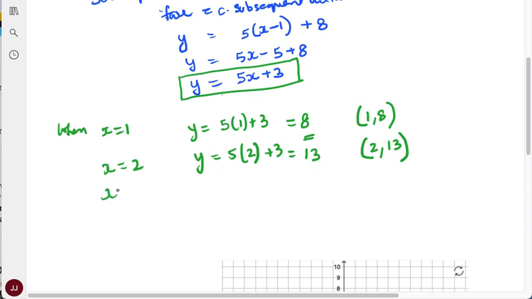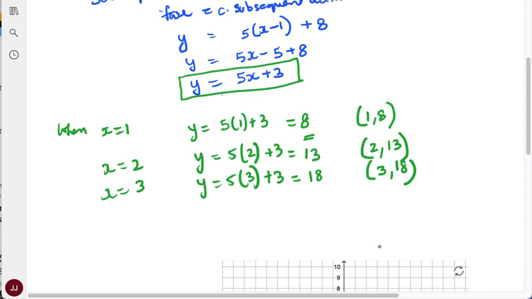So now x is equal to 3 kilometers. Y becomes 5 into 3 plus 3. That is 15 plus 3. That is 18. Okay. So that becomes 3, 18. So for 5 into 3, for the first kilometer 8, and next subsequent is 10, right? So it will become 3, 18.